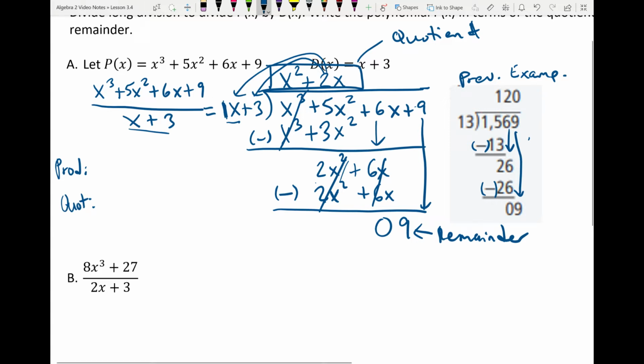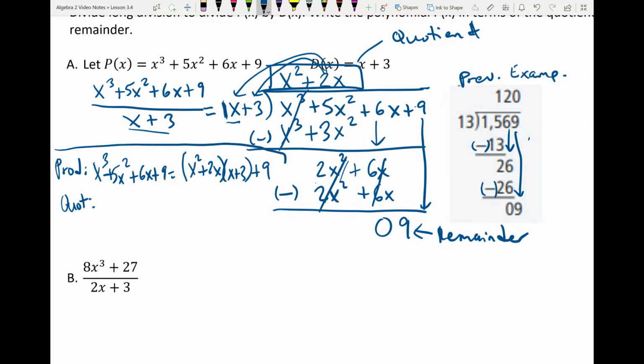So the product form is, well, we have our dividend equals our quotient times divisor plus our remainder. So that, let's isolate this here. This is our product form.